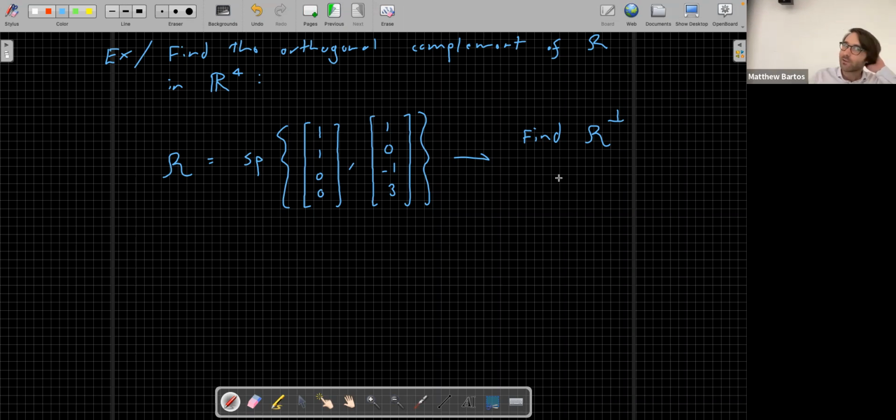So how can we go about finding the orthogonal complement of this set of vectors? We have to find the set of vectors that are orthogonal to both of these. So how can we do that? We have to find all of the vectors that are orthogonal to these two.